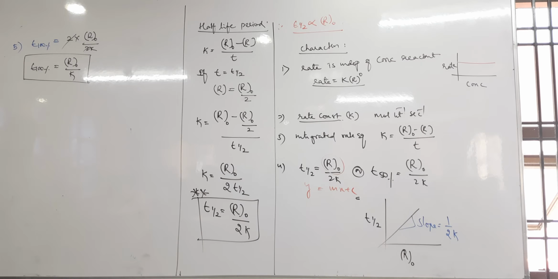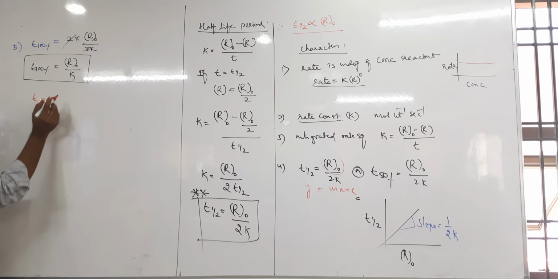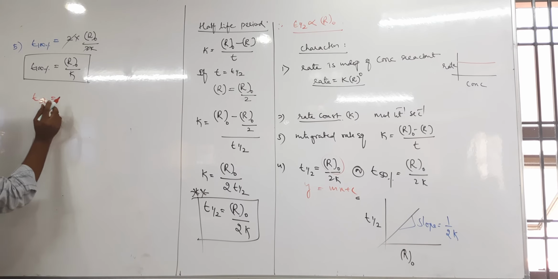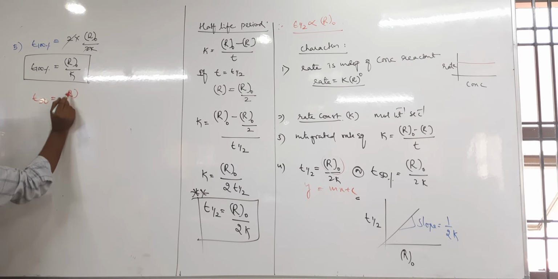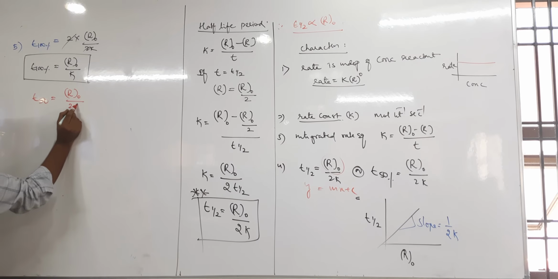Okay, here there are three important relations. One, T50% we already have. Tell me, T50 equals what? R naught by 2K. Okay, this is all right.